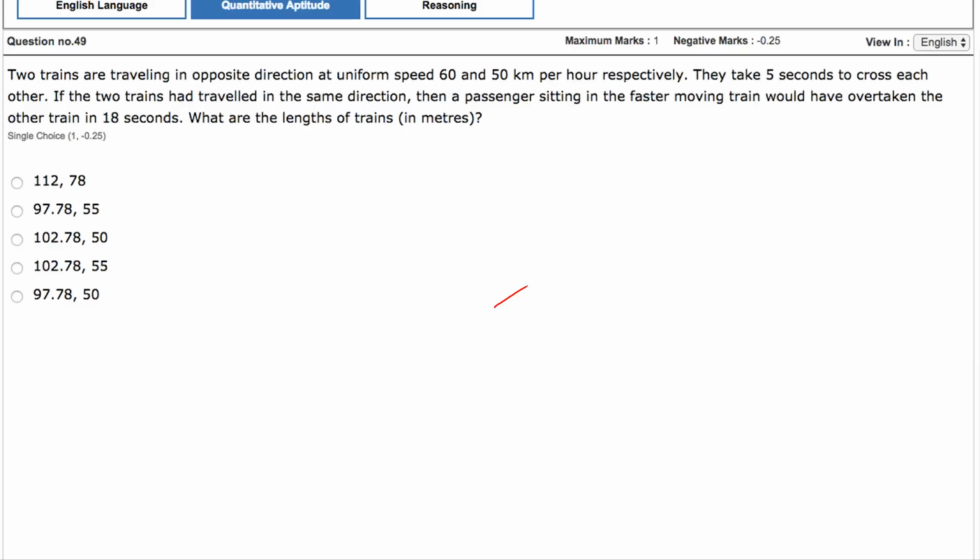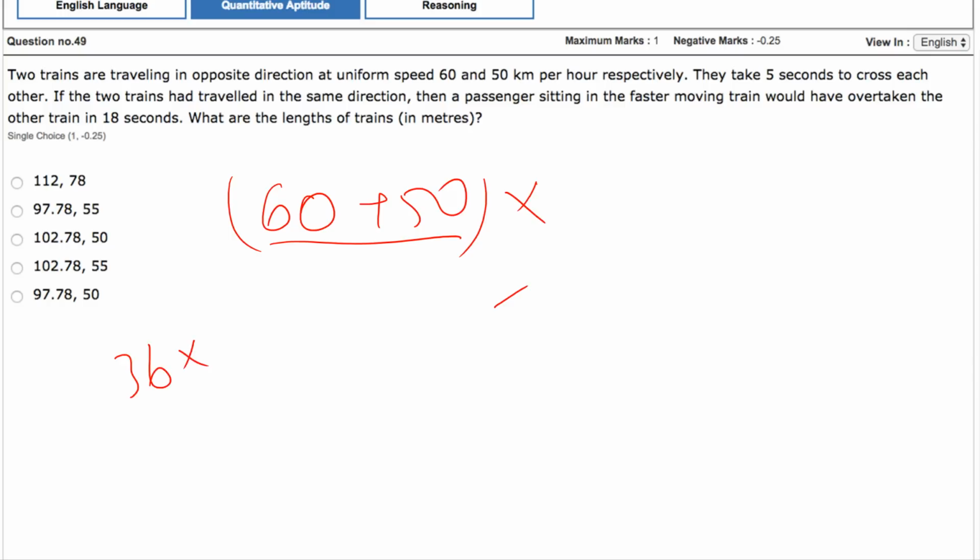Okay. Let us see this question. So what is this question saying? Two trains of length 60 and 50 meters respectively are moving. They take 5 seconds to cross each other. So the length of the train, we can say this is the relative speed. This is in kilometer per hour. I know 36 kilometer per hour is nothing but 10 meter per second, which is 5 by 18.